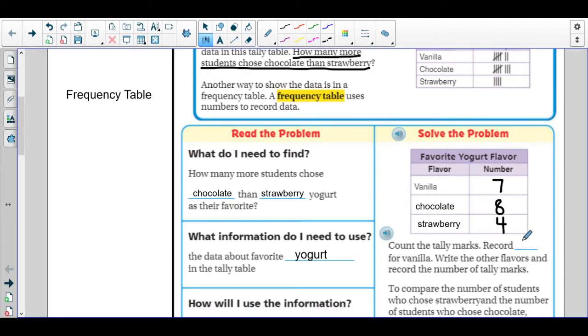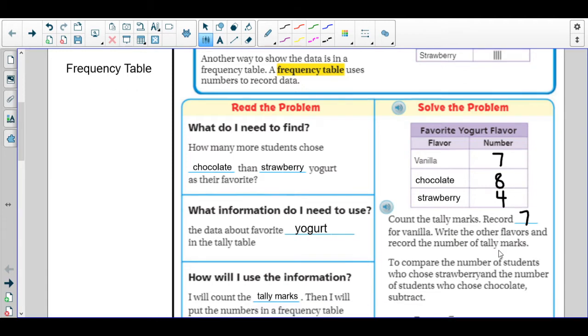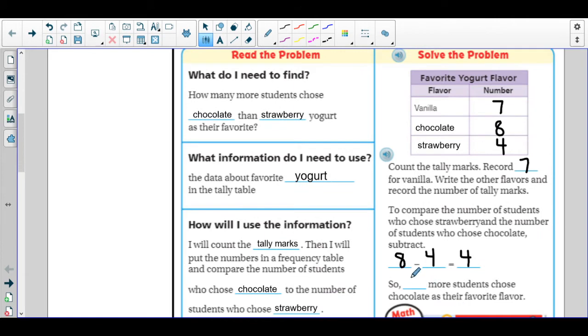To compare the number of students who chose strawberry and the number who chose chocolate, we're going to subtract 8 minus 4 to get 4. So 4 more students picked chocolate as their favorite flavor.